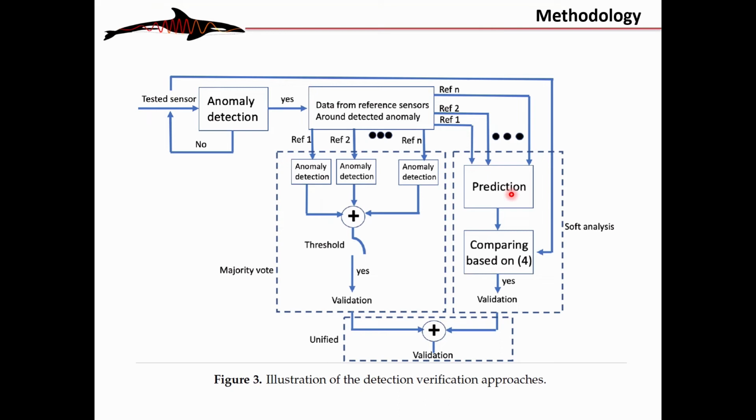And then we can compare this prediction with the actual measurement that we see. If it's far, then we say, okay, there is an anomaly here because we trust our prediction. That's kind of the idea. Okay, so this is called soft analysis. We can also combine the two in a way.